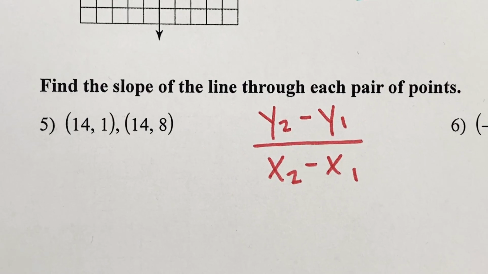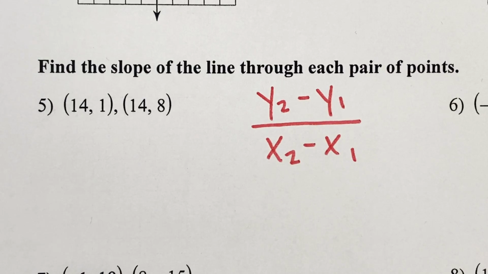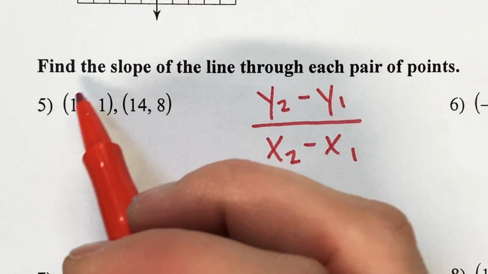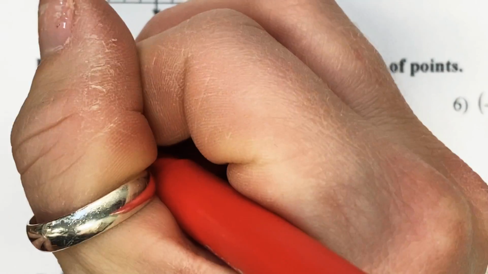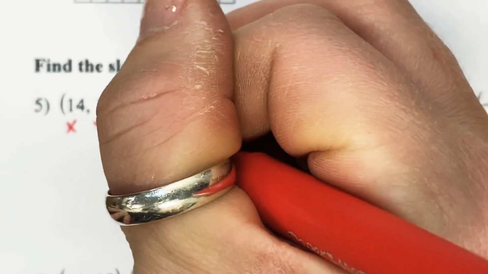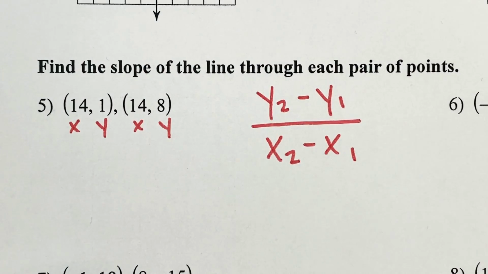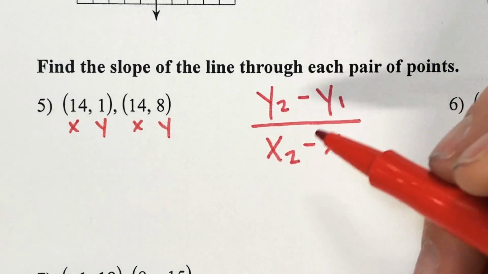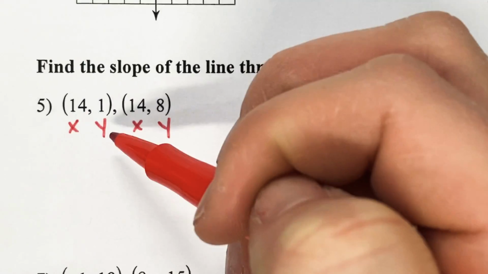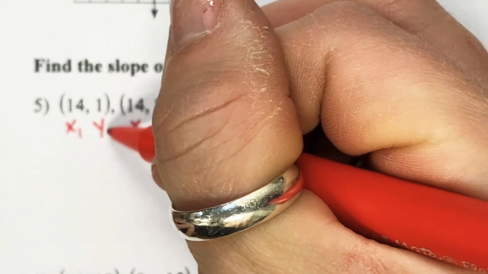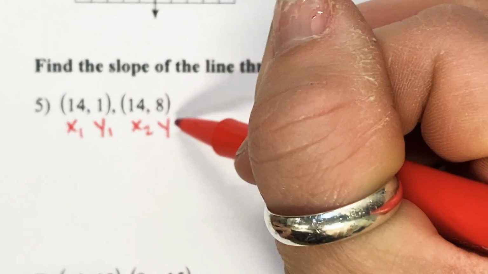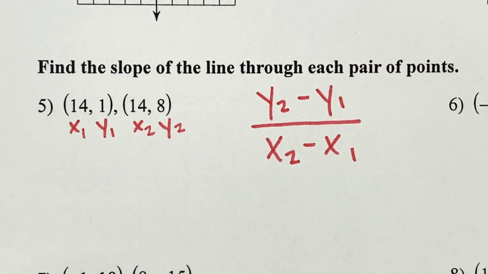Okay, well, just like we did last time, coordinate points are always listed x, comma, y. X always comes first. Okay, well, we get the 1s and the 2s by saying, well, this is my first coordinate point, so this is going to be x1 and y1. And this is my second coordinate point, so this is going to be x2 and y2.